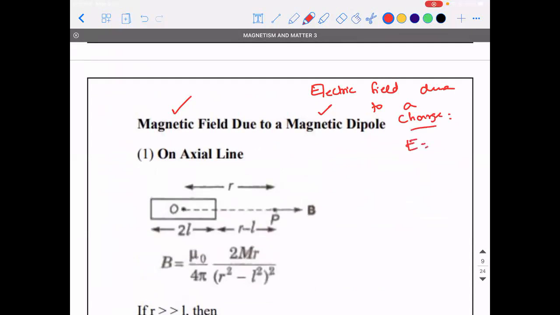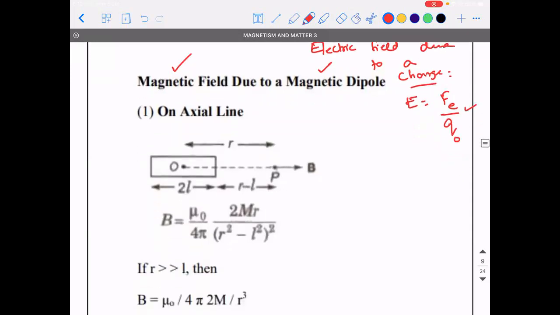E is given as the amount of electrostatic force divided by the charge Q naught. Okay.